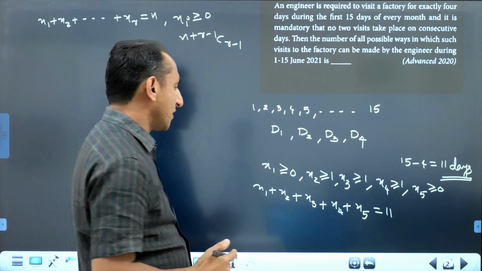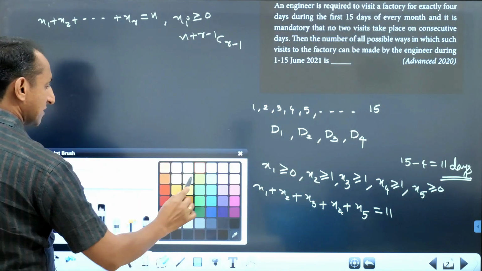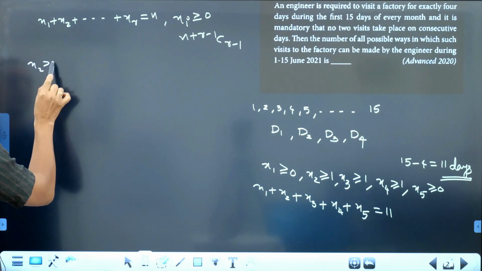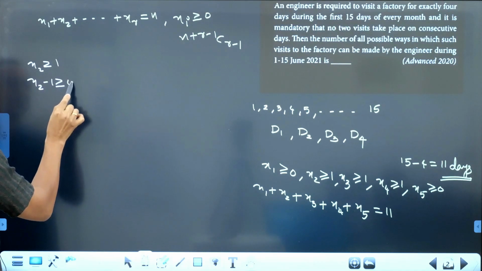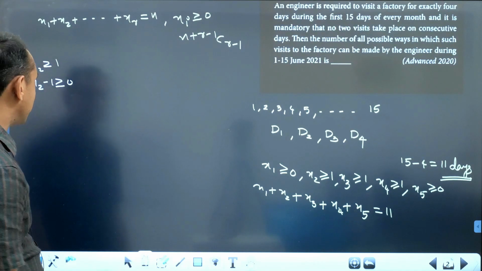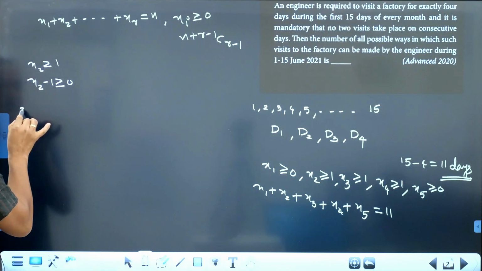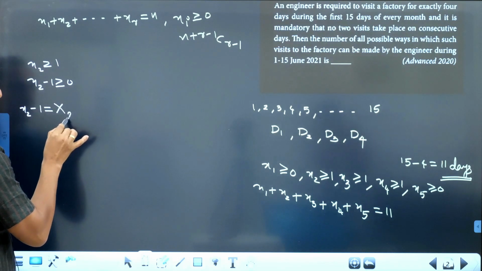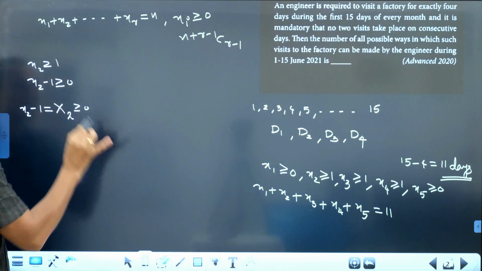For that purpose, x2 is greater than or equal to 1, so I write x2 minus 1 greater than or equal to 0. This x2 minus 1 I write as capital X2, which is greater than or equal to 0, no problem.